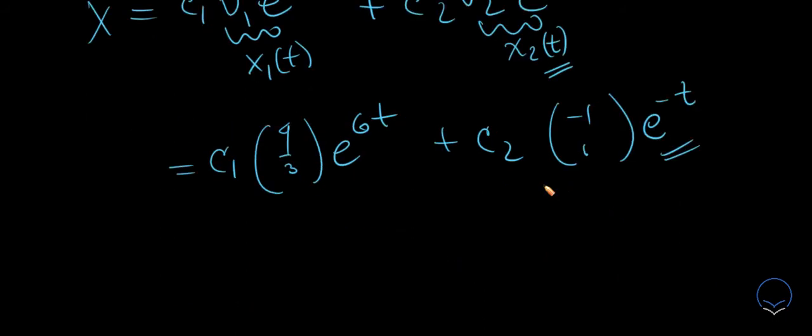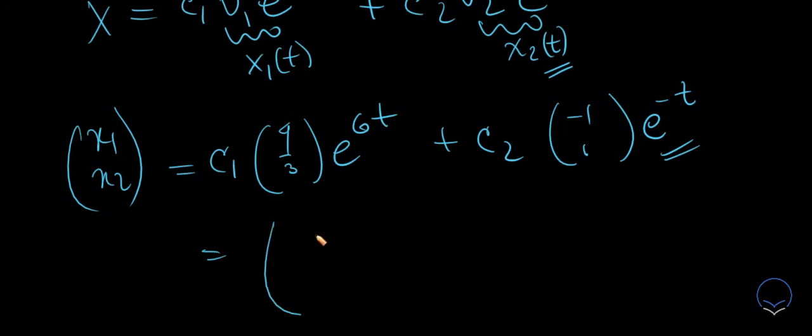So this capital X, if you recall, had x1 and x2 like this, right? And now you can write it in a compact matrix form, I mean a column vector form.